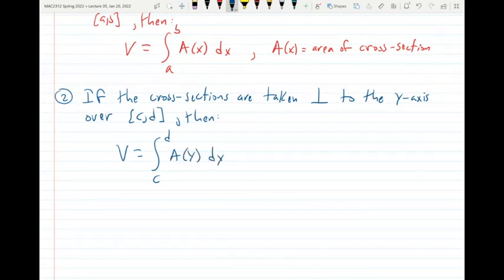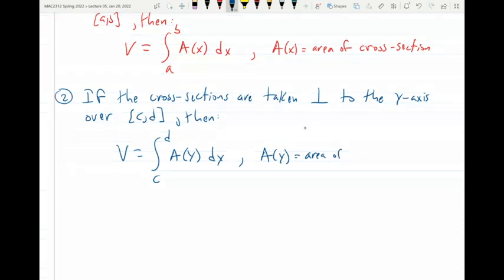So same formula, it's just that now instead of with respect to x, we're doing it with respect to y, where A of y, once again, represents the area of the cross-section.